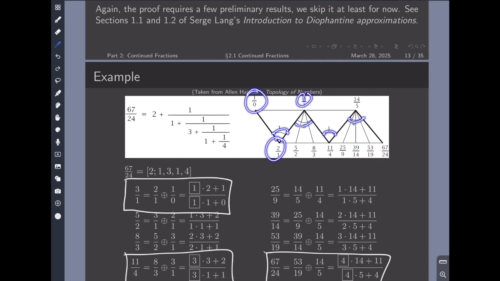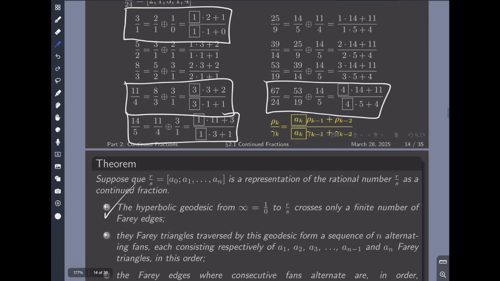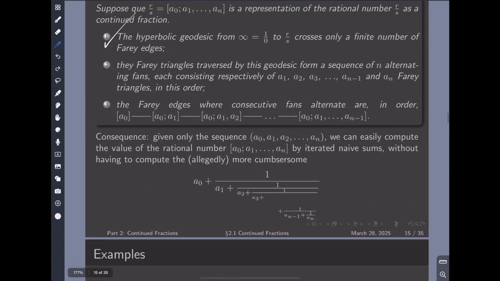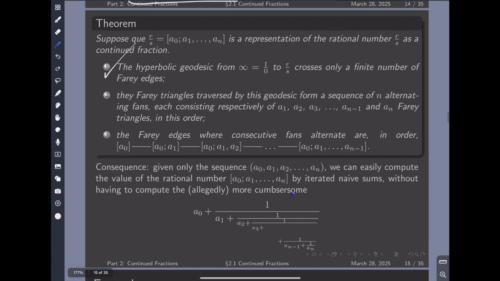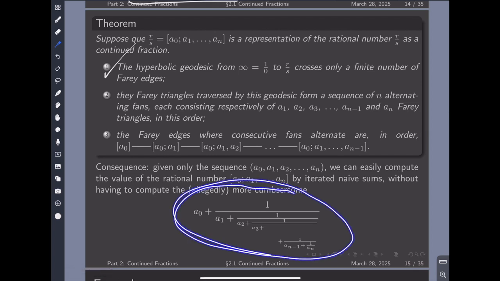So naive addition, naive addition, and so on, and the final one is your rational number. I do think it's simpler than doing all this.